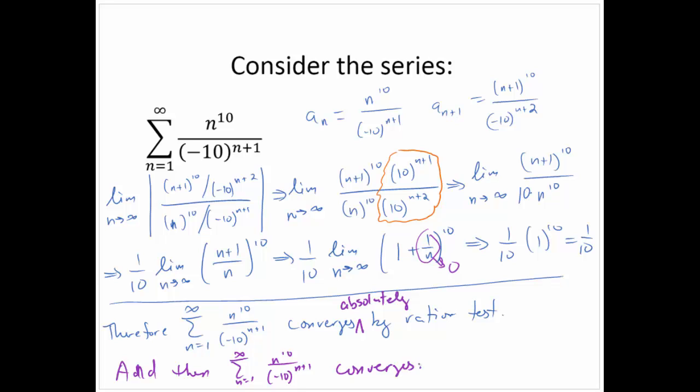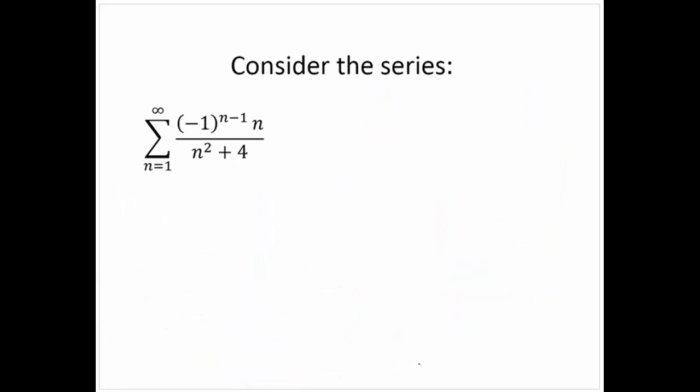All right, let's consider another example here. Sigma n equals 1 to infinity of negative 1 to the n minus 1 power times n over n squared plus 4. Now this is not a great candidate for the ratio test, because notice it does not involve any exponentials.